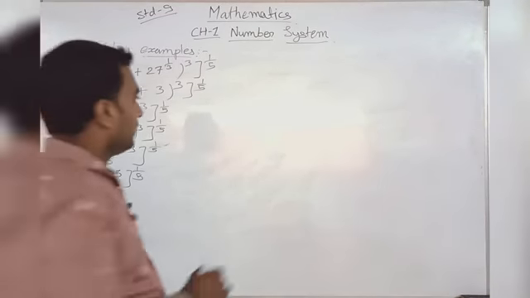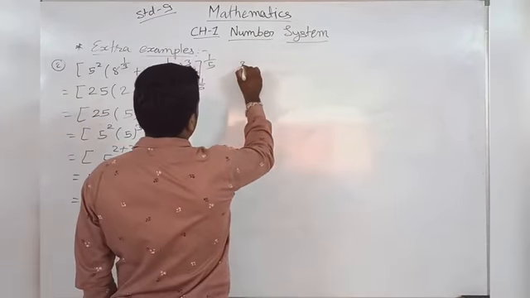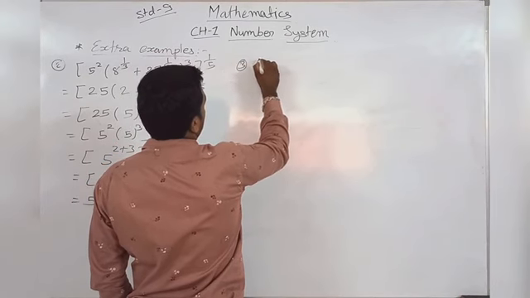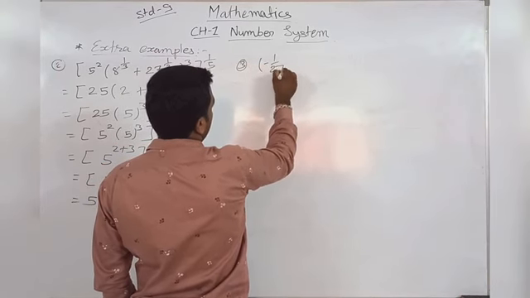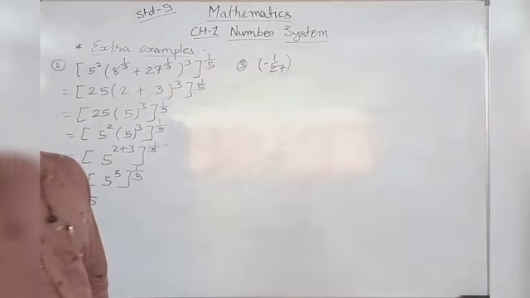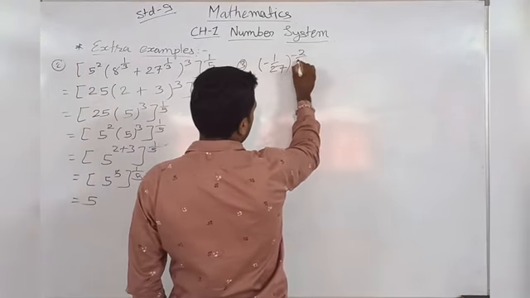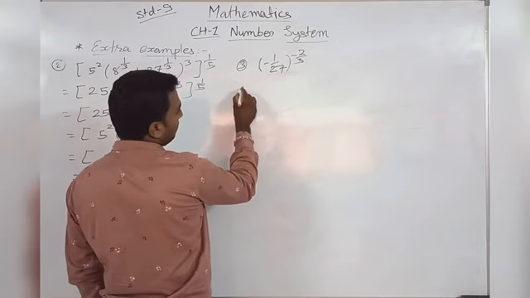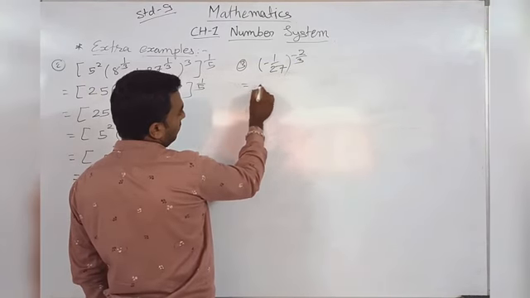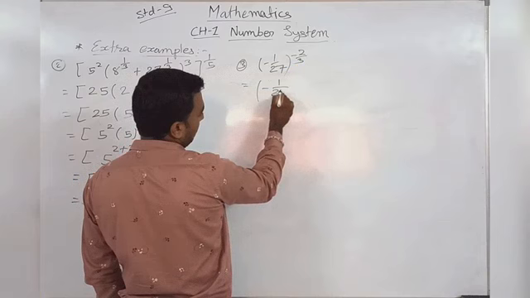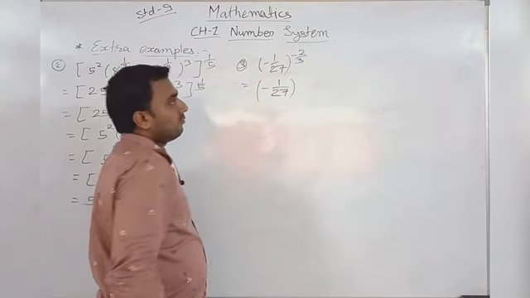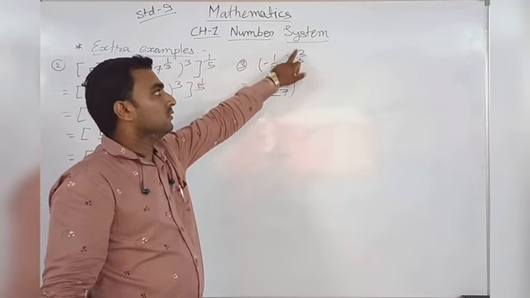Minus 1 upon 27 and its power is minus 2/3. Now again see here: we have minus 1 upon 27 and its minus 2/3 power is given.